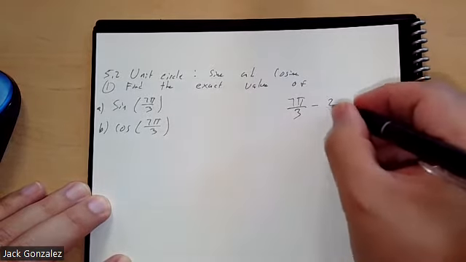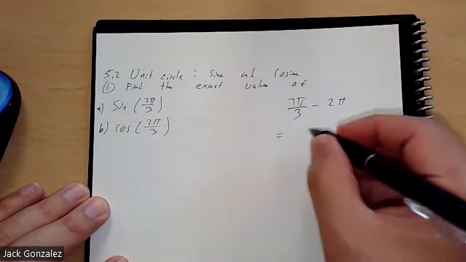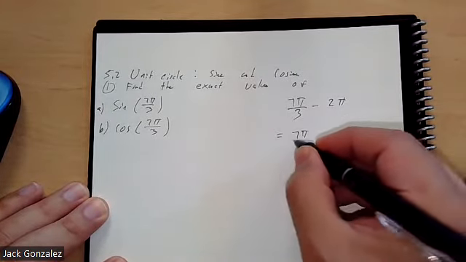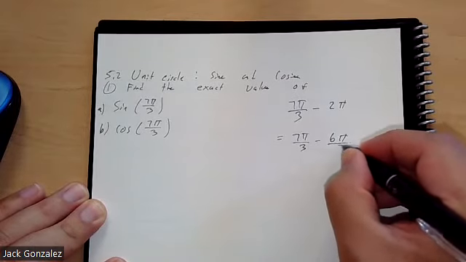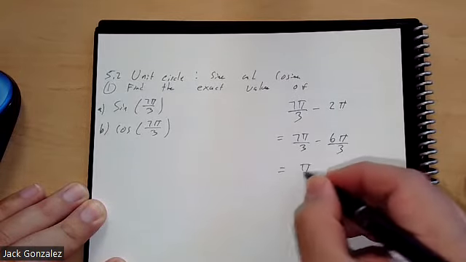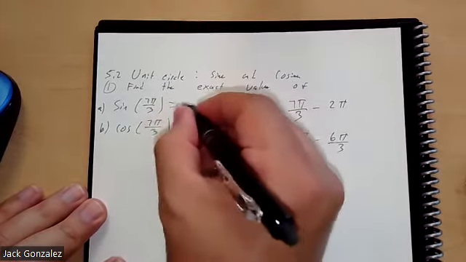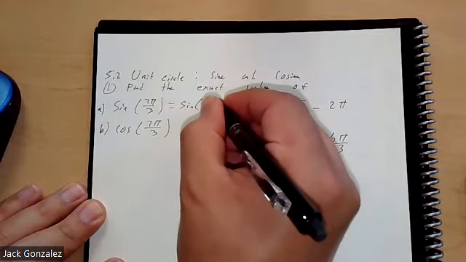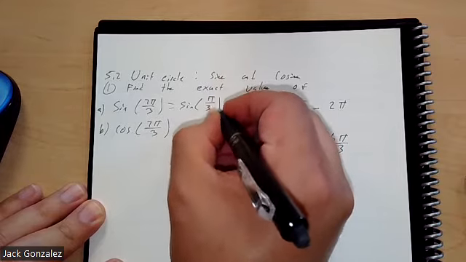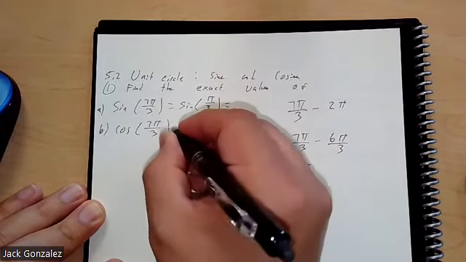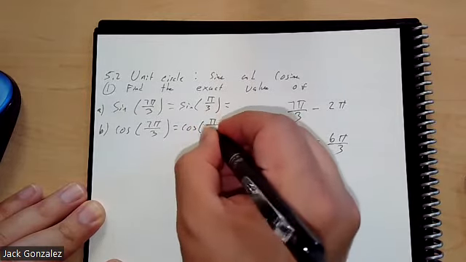Subtract 2 pi, because it's more than 360. Get a common denominator. This would be 6 pi over 3, which leaves pi over 3, right? So this is the same as sine pi over 3 and cosine of pi over 3.